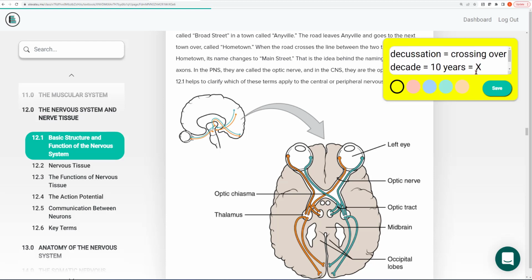Think 10 years is an X in Roman numerals. It is the crossing over. Okay, so we'll come back and we'll talk a lot more about the eye, about these pathways that cross over. We'll be talking about different parts of the brain that are doing different things. But for now, we'll just move forward thinking about nerve versus tract.